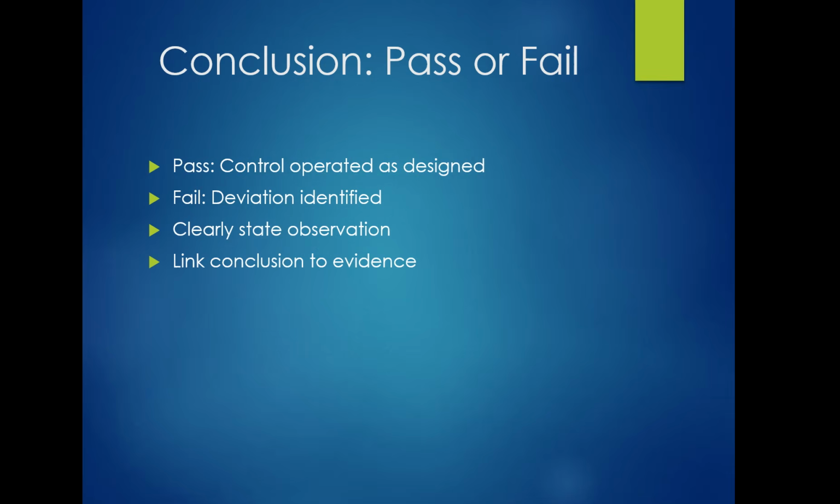And this also must be clearly documented with the supporting details. Always ensure that you clearly state the observation. Aside from putting in the evidence, make sure you state the observation and also link your conclusion to your evidence.